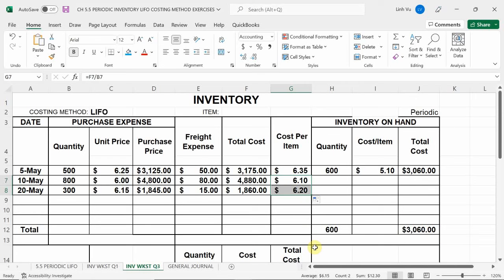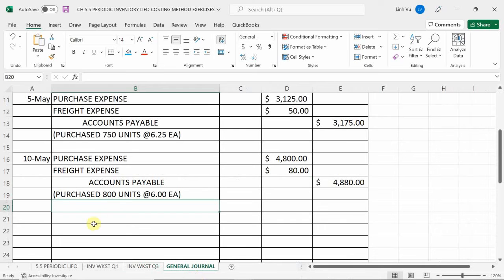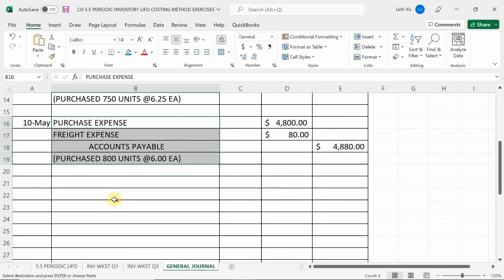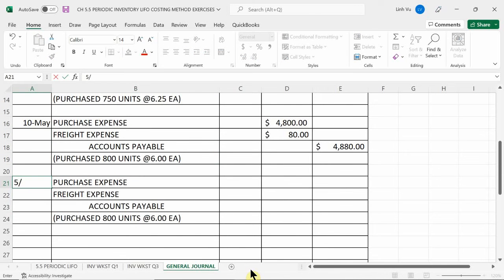Good. Okay. And then we're going to plug in our numbers again. In this case, you're going to notice that it's going to be an identical journal entry. The only difference is your numbers are different. So this is 520.